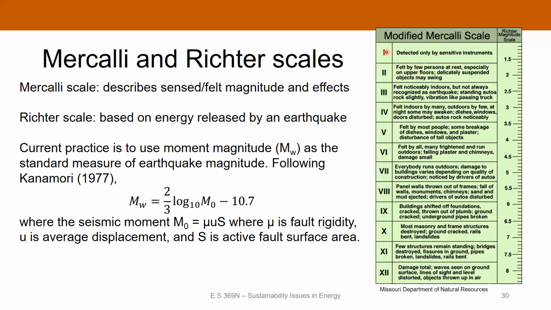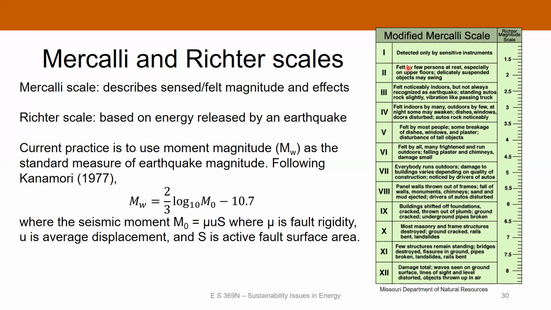You can see it's done in Roman numerals, goes from 1 to 12, and it maps roughly onto a Richter magnitude. So I mentioned in the St. Gallen case, there was a 3.5 magnitude earthquake. That's approaching a Mercalli magnitude 5, which can break windows, break plaster walls. This causes damage, and so we don't want to have that happen.